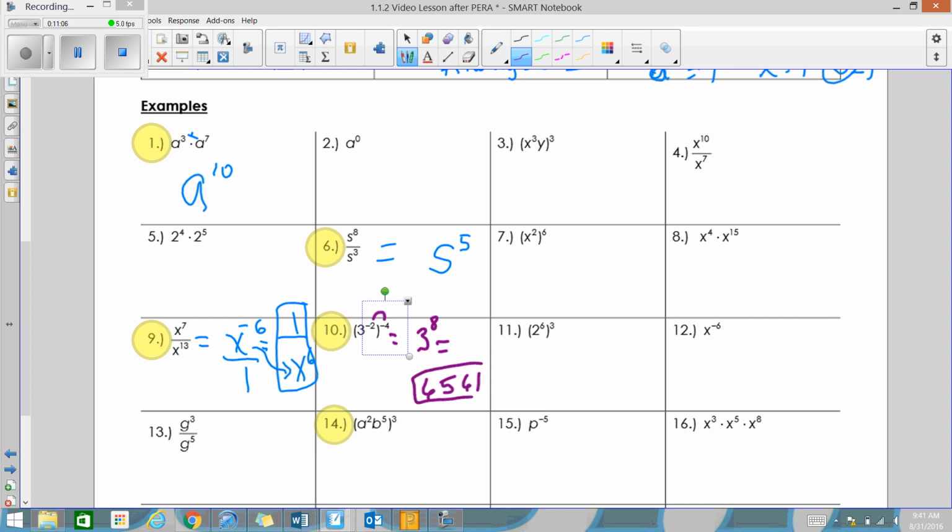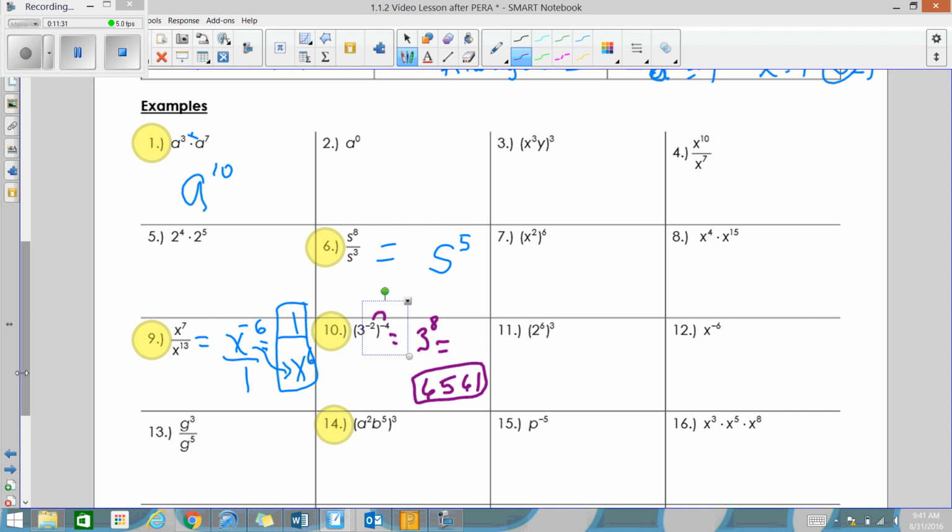I would like you to leave your answer, as long as it's not a ginormous number where your calculator goes like 6.3 e to the blah, blah, blah. Just write out the number. If it's ridiculously large, leave it as something to the ridiculously large exponent, okay? So that's number 10.